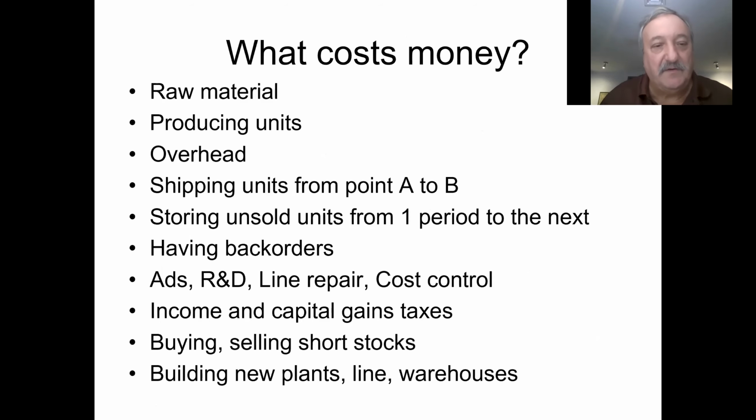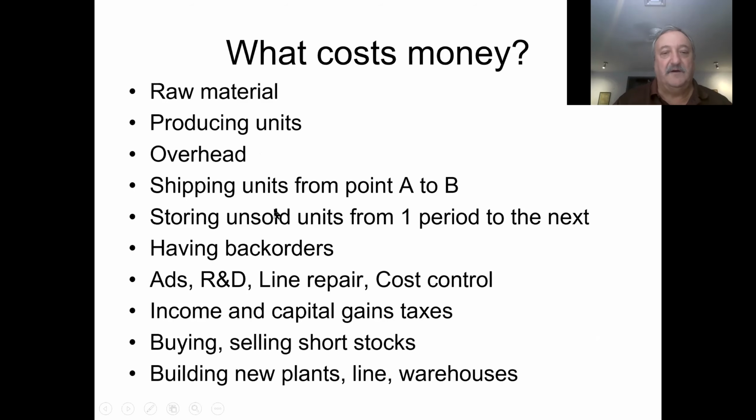Okay, so what costs money? What will cost your company money in this game? Buying raw material costs money. Producing units of your product, the CD racks, costs money. There's overhead on all your capital assets, so on your plants, on your warehouses if you have any, and on your manufacturing lines.